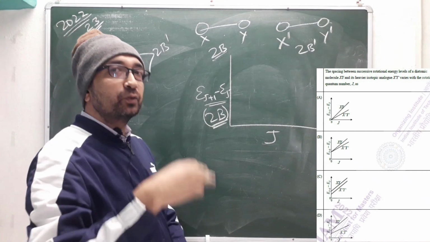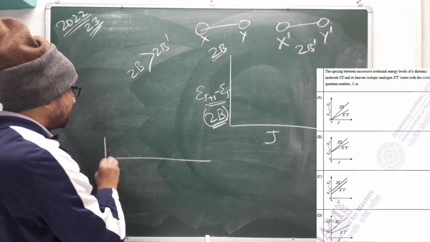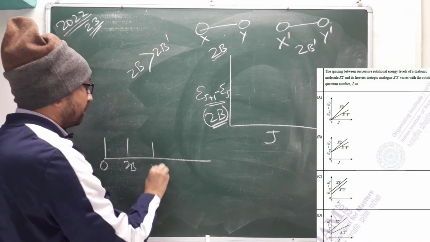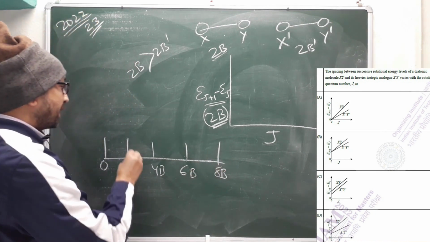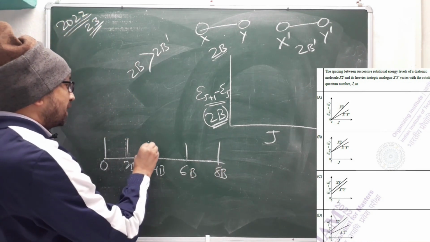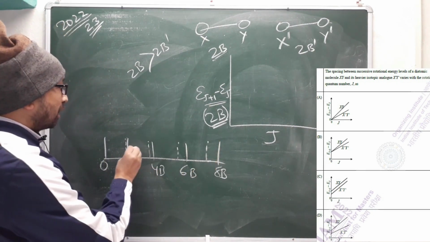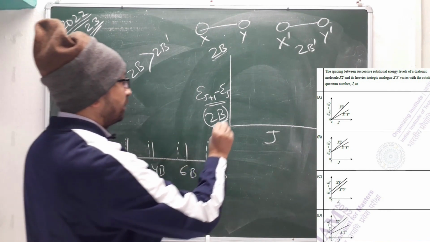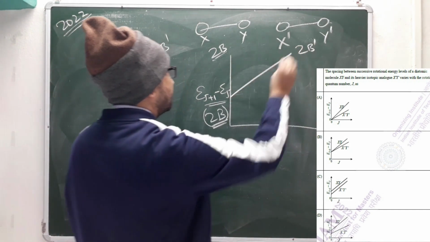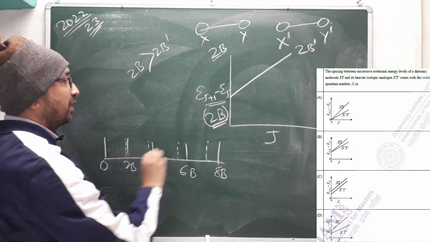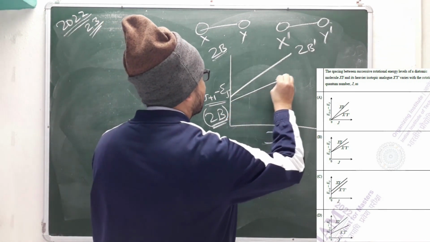Now how this grows, we have already seen: the differences are 0, then 2B, then 4B, then 6B, then 8B. So what will be the prime value? Here it will be 2B prime, here 4B prime, here 6B prime, and here 8B prime. So how should the graph look? Suppose for 2B we are calculating, the 2B value will be more, so it will go from here, and for 2B prime the value is decreasing as we go up.